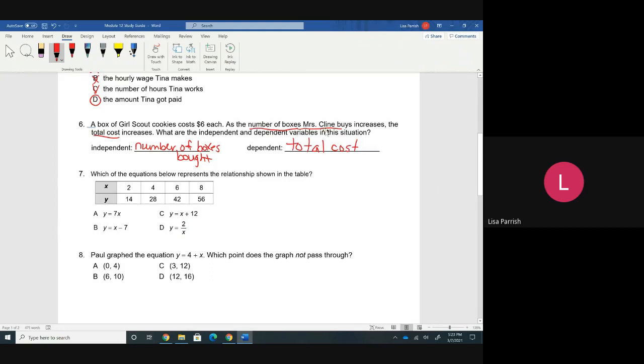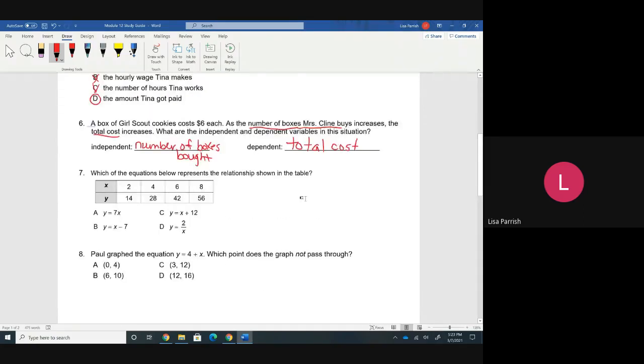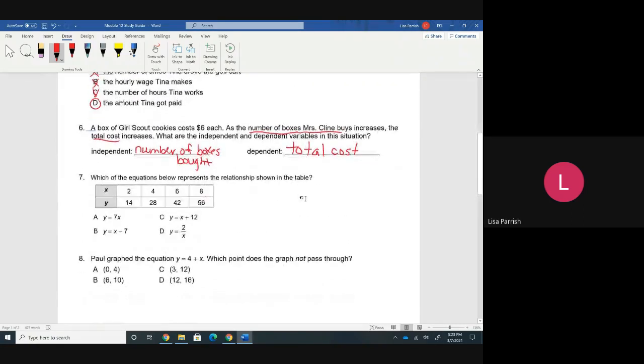It tells you right here, the more she buys, the more her cost is. Okay. I know on those independent and dependent, they can be a little tricky. So just think about what's depending on something else happening.